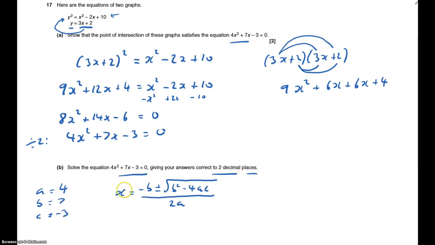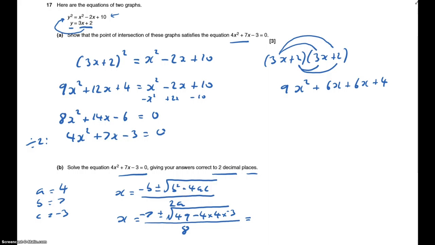And now I substitute in there. I get x equals negative b, which is minus 7, plus or minus the square root of b squared, that's 49, minus 4 times a, which is 4, times c, which is negative 3, and that's got to be all over 2a, which is 8.